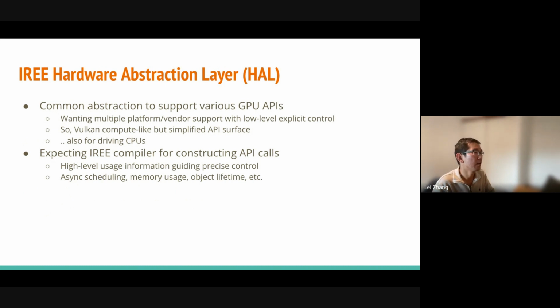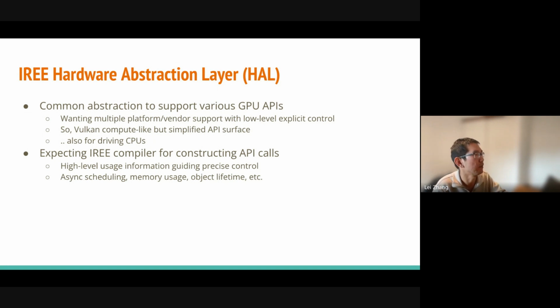And also, the domain we are trying to handle here has lots of higher-level information that can be distilled into very fine-grained, low-level explicit controls. That means the requirements and needs of IREE's hardware abstraction layer are similar to what Vulkan has already encoded.